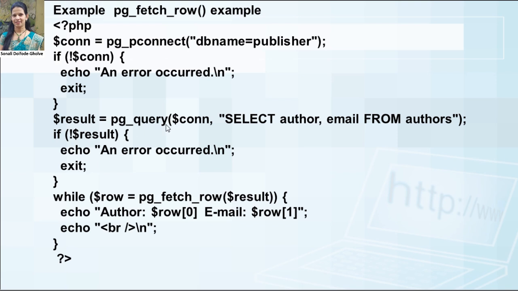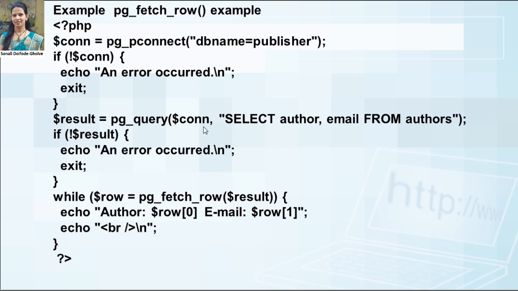Here we are using pg_query with the connection, and after this there is a select statement: select name, email from author. Here you are using your statement.